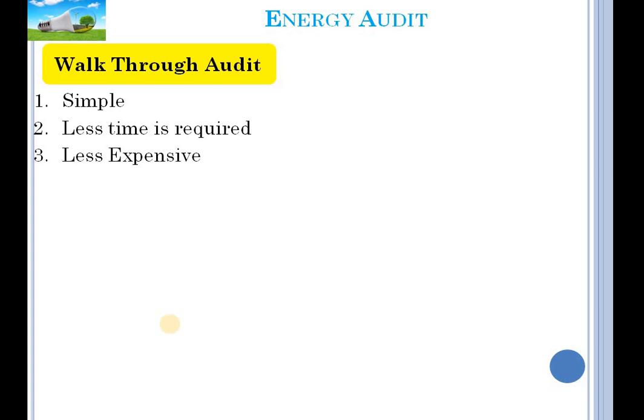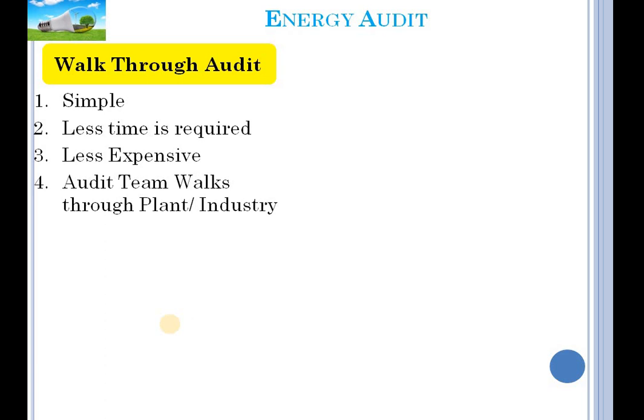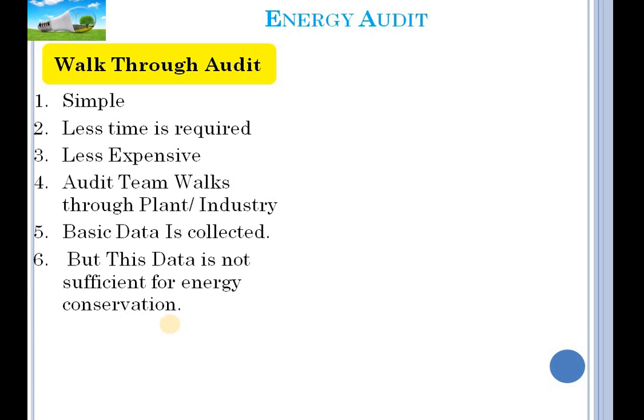It is a very simple audit. It requires very little time and is less expensive. In this, the audit team walks through the plant and industry and observes the overall things. They won't go into detail. Next, basic data is collected, but this data is not sufficient for energy conservation or for a successful energy audit.